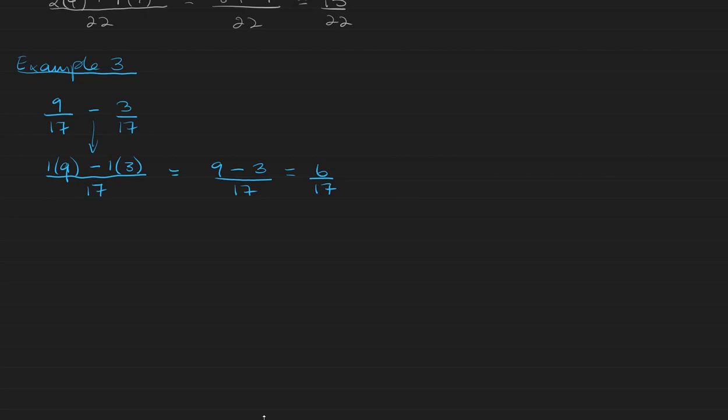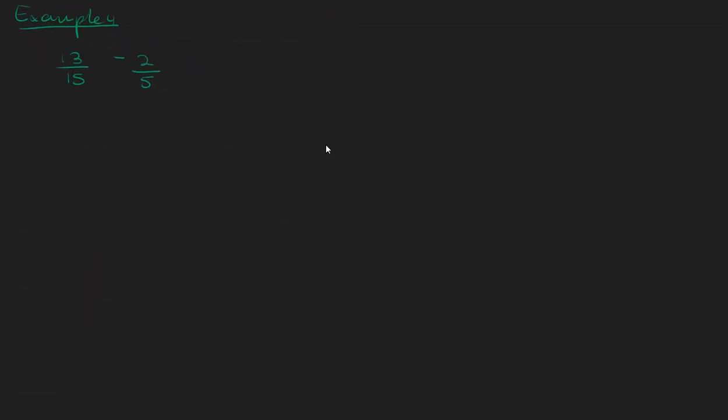Let's look at example number 4. With example number 4, we have 13 over 15 minus 2 over 5. And we're solving that one now. So we find the LCM. The LCM of 15 and 5 is 15. We take the LCM 15 divided by the denominator 15, and we get 1, multiplied by the numerator 13.